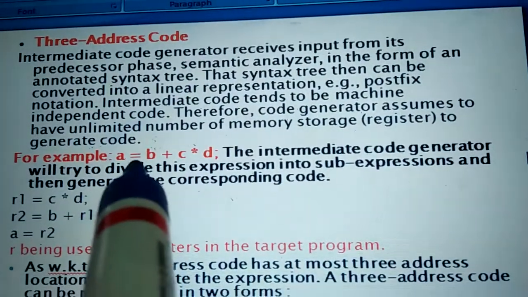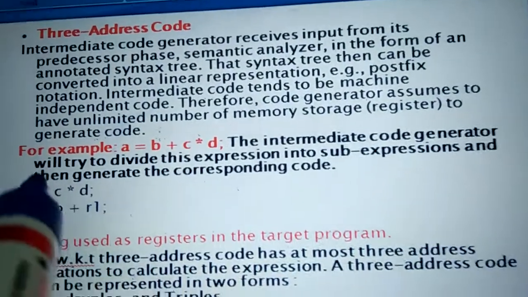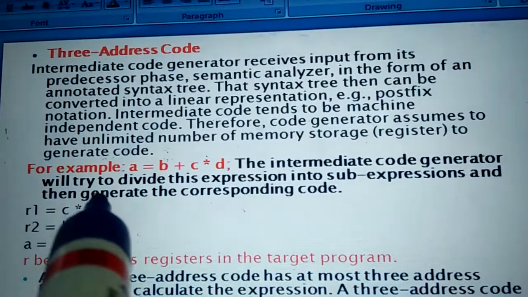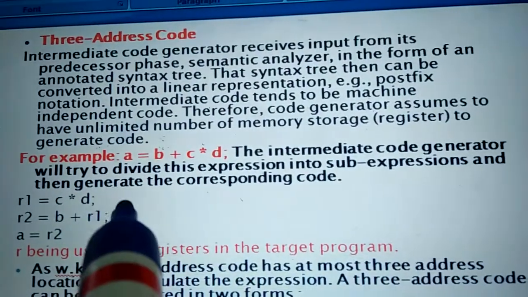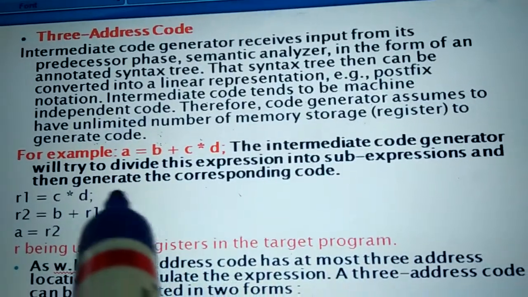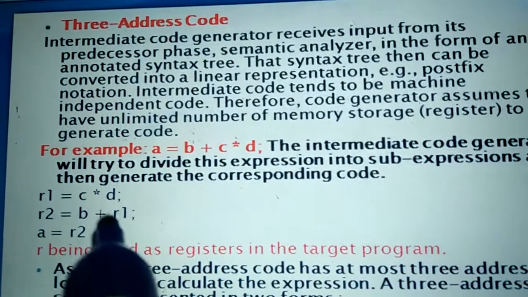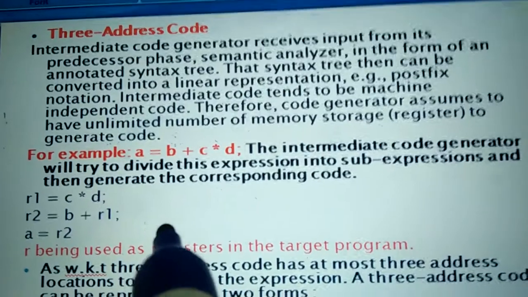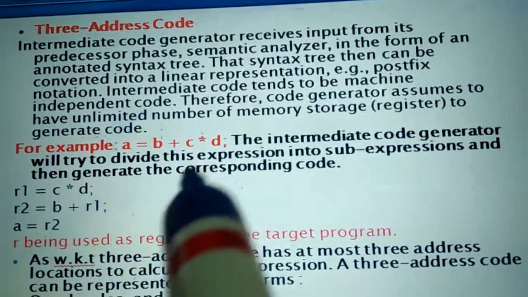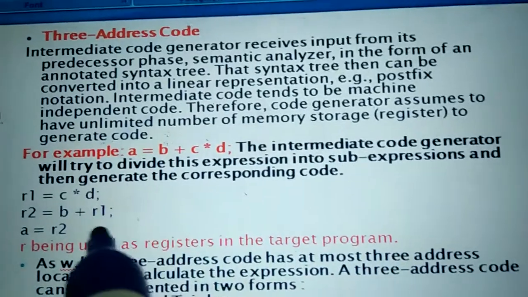For example, A is equal to B plus C star D, and the intermediate code generator will try to divide this expression into sub expressions and then generate the corresponding code, like in the previous example.